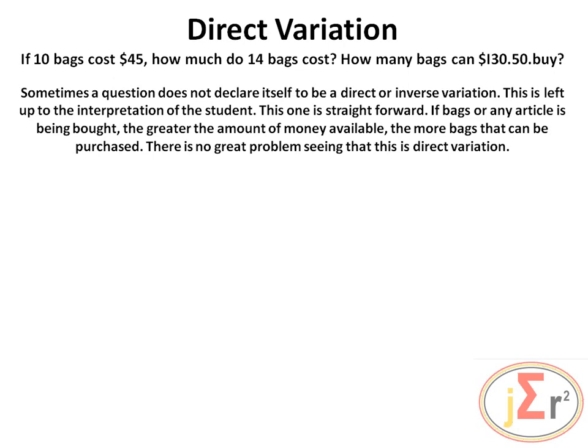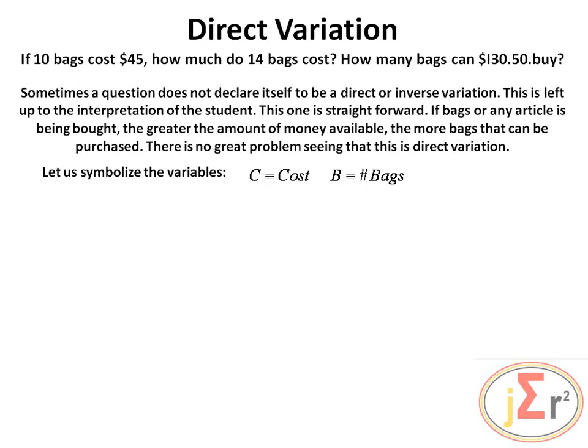So if you increase the number of bags, you'll have to increase the amount of money that is used to purchase them. And if you have a small amount of money, then that amount of money will purchase a smaller number of bags. So we know that we have a direct variation.